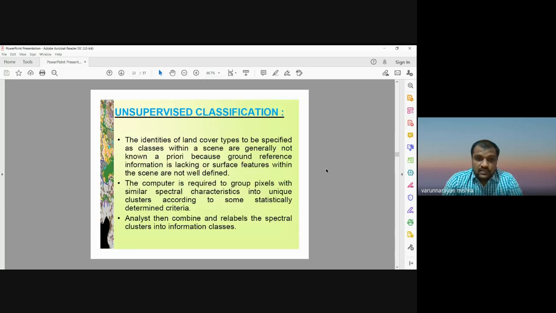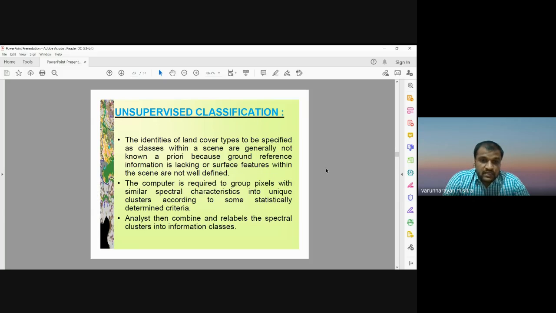Now moving to the next slide. So what is unsupervised classification? In unsupervised classification, the identities of land cover types to be specified as classes within a scene are generally not known a priori, because ground reference information is not present.